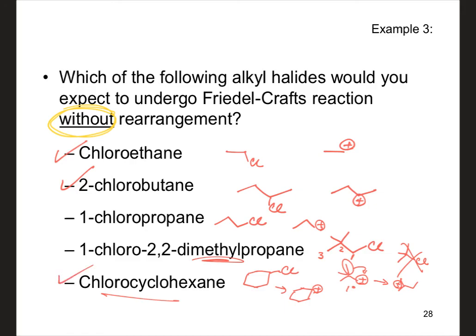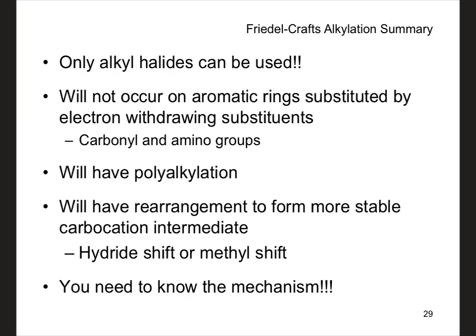So that too is going to be something which will not require rearrangement. Okay, so those three are the ones that you will not see a rearrangement for. On the other hand, the other two remaining will undergo rearrangement.